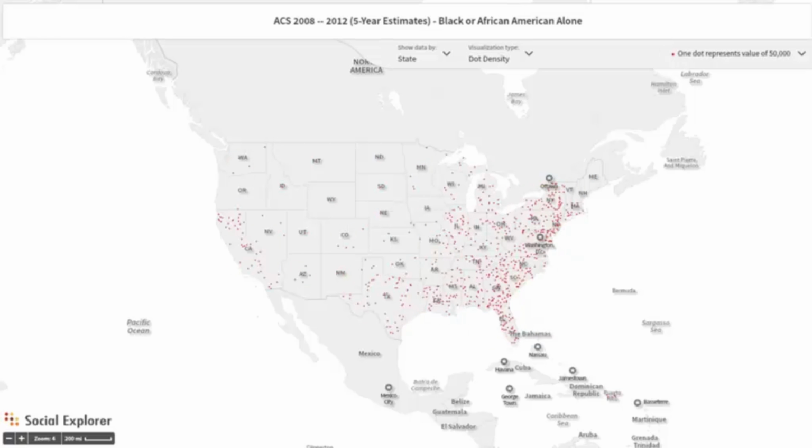Here's a dot map, which typically would be pretty good for showcasing where people live. But in this case, the dot map doesn't actually show the dot where people live. What it does is it just calculates the total for the state, and then scatters those dots throughout that state, throughout that area.